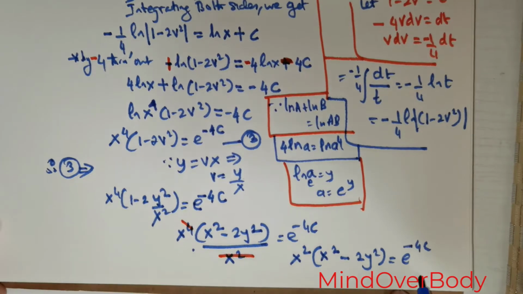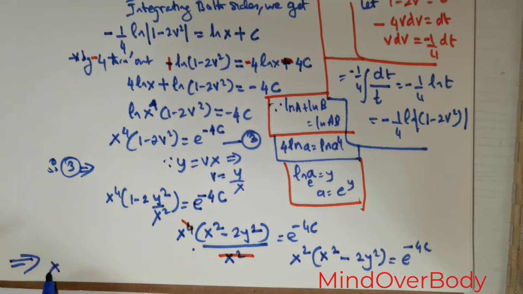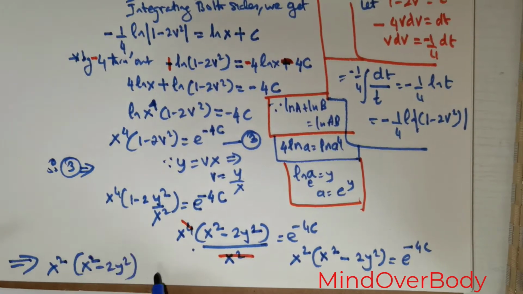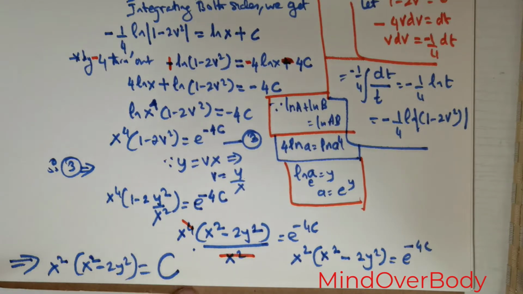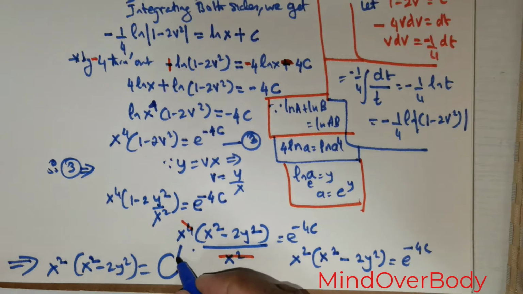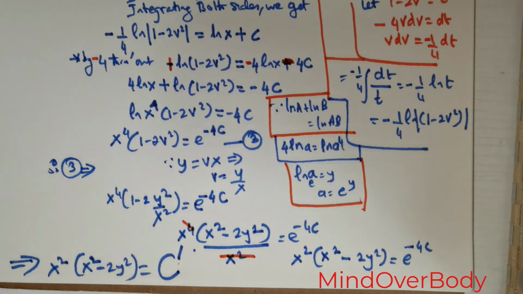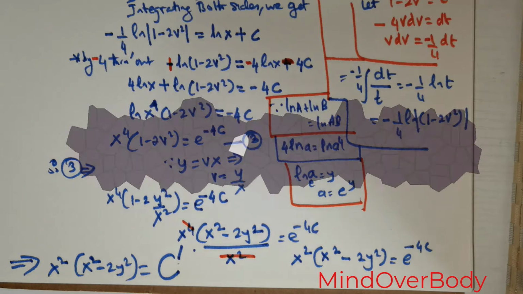But of course this can be rewritten as a constant, so I can rewrite this entire quantity as x squared times x squared negative 2 times y squared is equal to a huge c. You can either place a c like this or you can put a c dash. It doesn't matter because it's an arbitrary constant. So this is the required solution, students. We will move on to the next question.